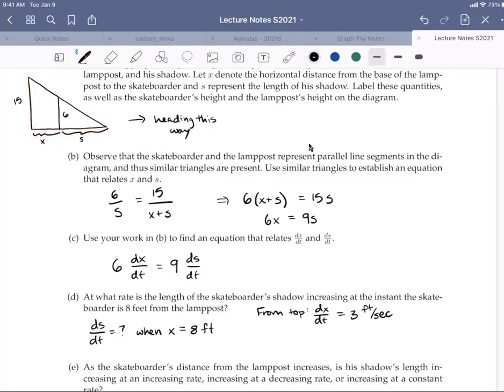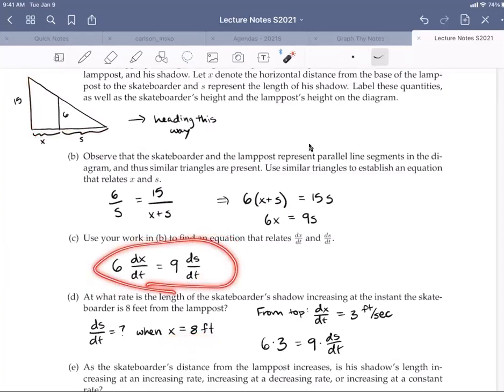So I'll plug it in: 6 times dx/dt, so 6 times 3, is equal to 9 times ds/dt. What's interesting is we actually didn't even use that x is 8 feet in this problem. We don't need x or s to figure out how the rates are related.